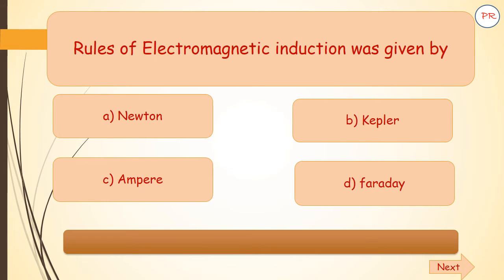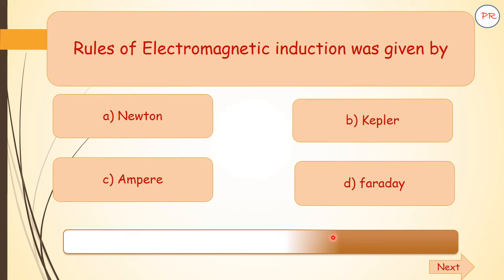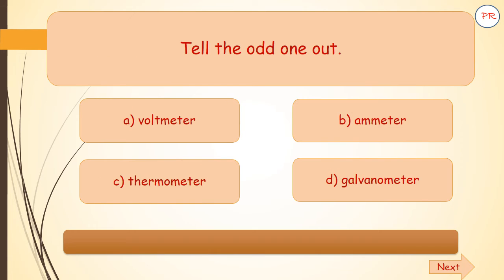The laws of electromagnetic induction were given by. Options are A. Newton, B. Kepler, C. Ampere, D. Faraday. Here is your time. The correct answer is D. Faraday. Tell the odd one out.